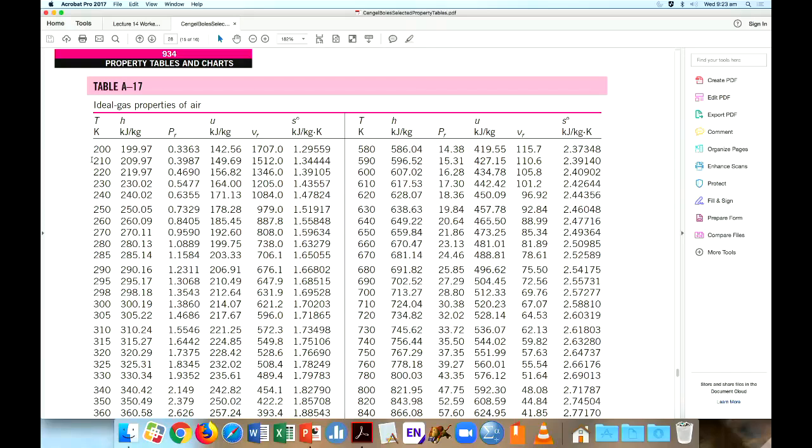The equation I wanted to use is only valid for constant specific heats. If I've got variable specific heats, and that's the code word, I can't use that equation. If you told me that we were starting at 300 Kelvin and my pressure ratio was 35, then for an isentropic process, my PR ratio is 35 as well.